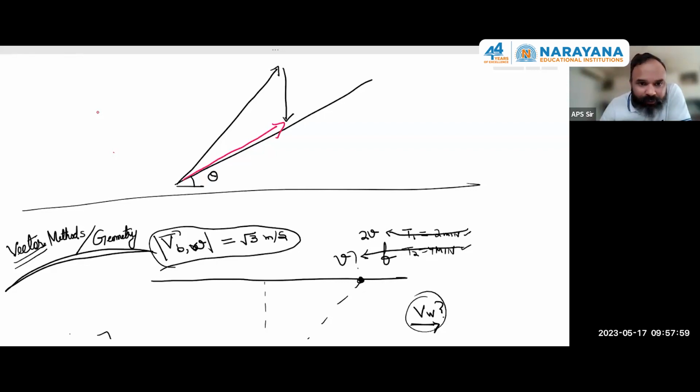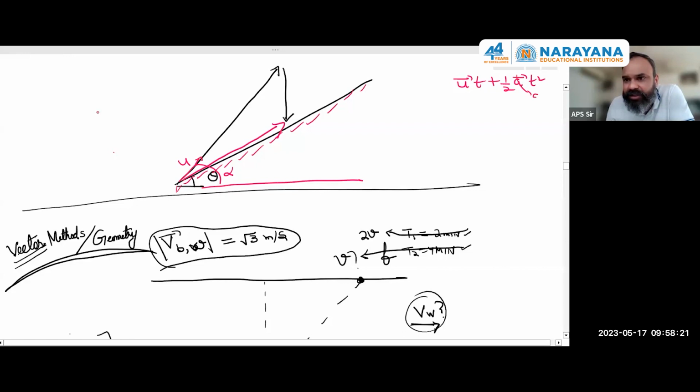If you throw a particle from here, this is, let's say, your u, and you throw a particle at an angle of alpha, and your incline is at an angle of theta. You want me to solve time of flight, range, whatever is required. Basically in 2D, my equation is ut plus half at square. So a vector is g vector downwards.